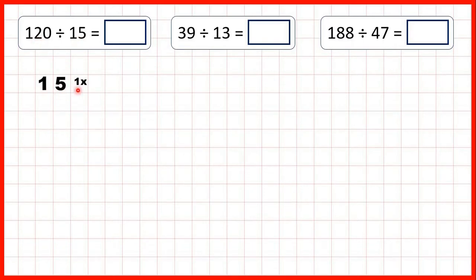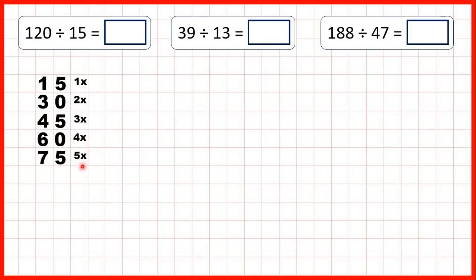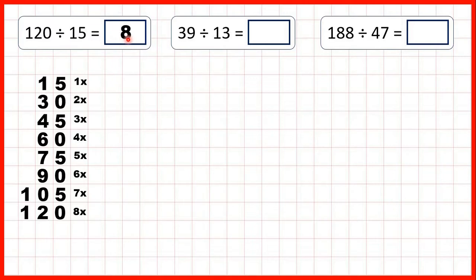So 15 is of course 1 times 15, but if we add another 15, we know that 30 must be 2 times 15, 45 is 3 times, 60 is 4 times, 75 is 5 times, 90 is 6 times, 105 is 7 times, and 120 is 8 times 15, which means that 120 divided by 15 must be 8.